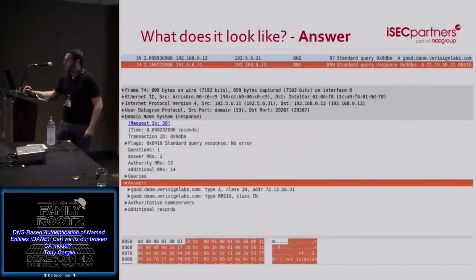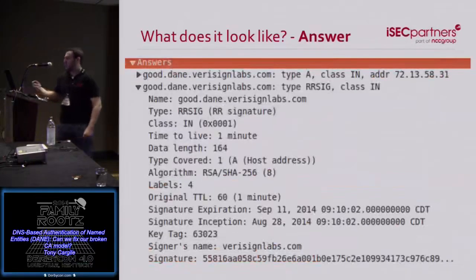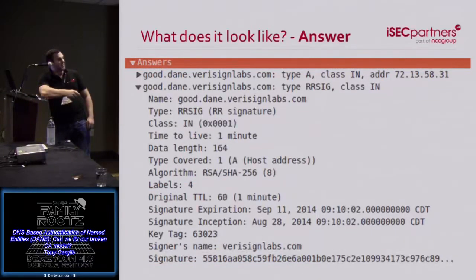And then what do you get back? And this is kind of the interesting part. What you get back is two responses. One you'll see is the A response right here. That's just normal. But you also get the RRSIG. And the RRSIG tells you, okay, this is a signature for a record using SHA-256 with RSA, and here's the signer's name, and here's the signature.